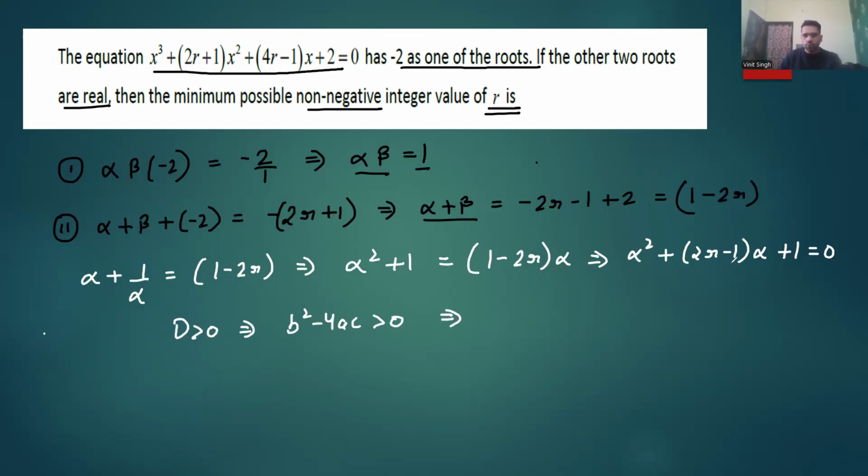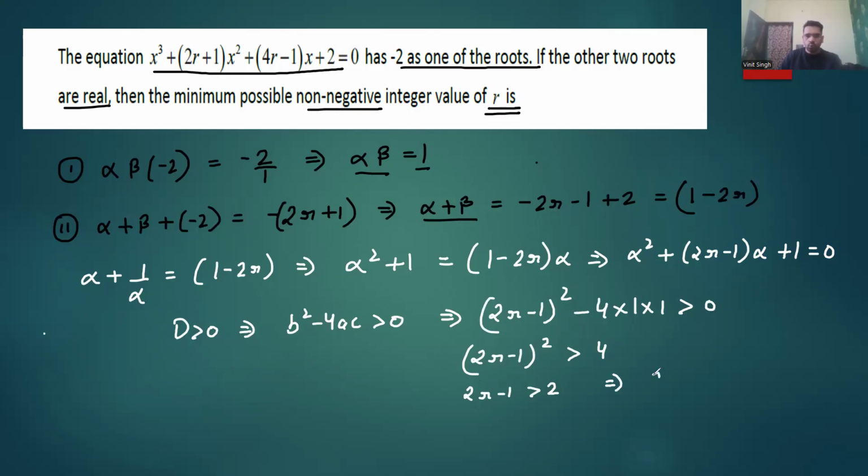So b square is (2r minus 1) whole square, is greater than, sorry, (2r minus 1) whole square minus 4 into 1 into 1 is greater than 0. So (2r minus 1) whole square is greater than 4. So we can write 2r minus 1 is greater than 2. So 2r is greater than 3. So r is greater than 3 by 2.